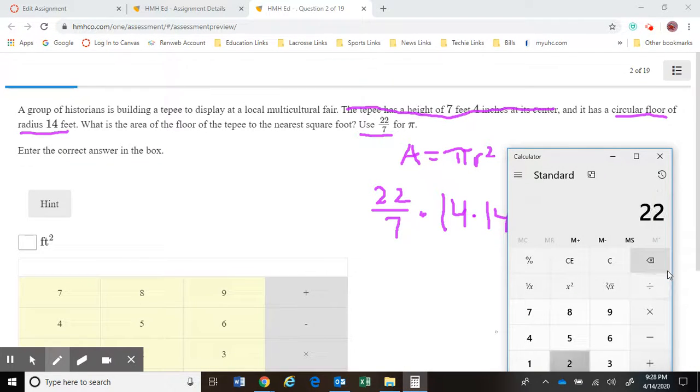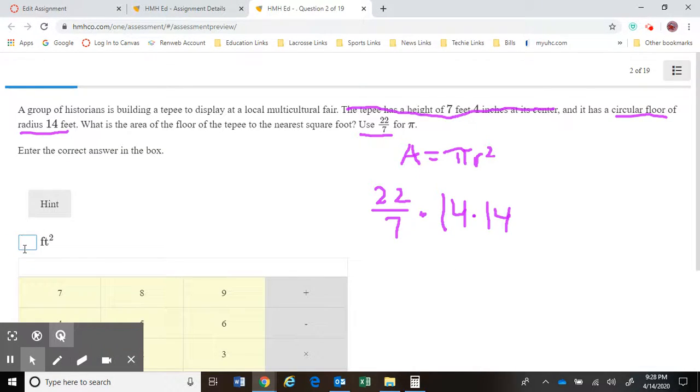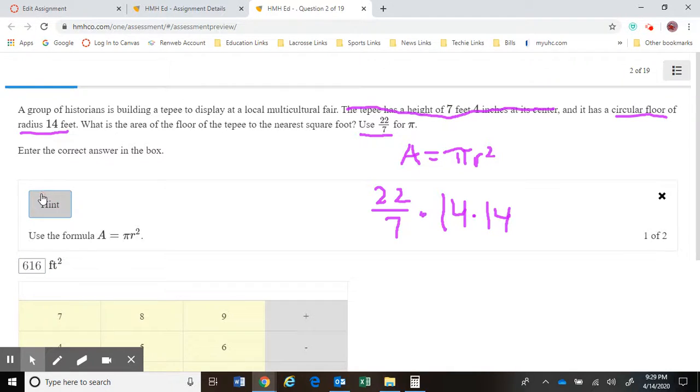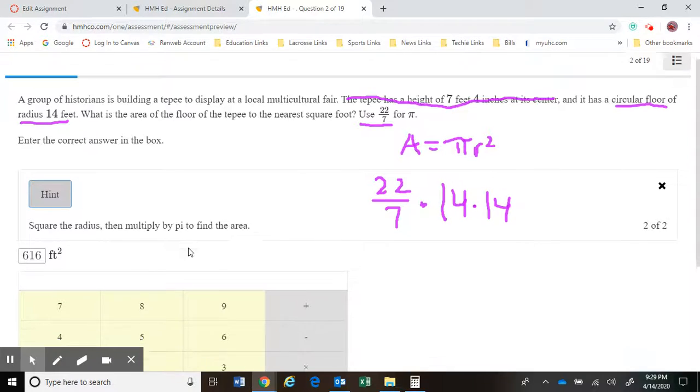Okay, so I'm going to go 22 divided by 7 times 14 times 14. And then there's my answer, 616 square feet. And of course, you can look at the hint. It's going to tell you exactly what I told you. Use the formula pi r squared, square the radius, then multiply by pi. That's what we did.